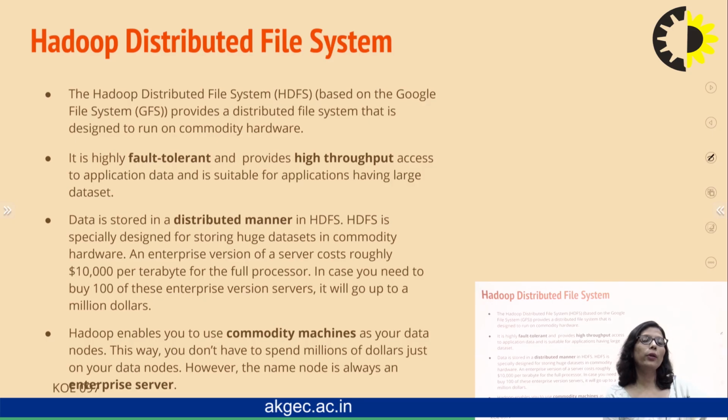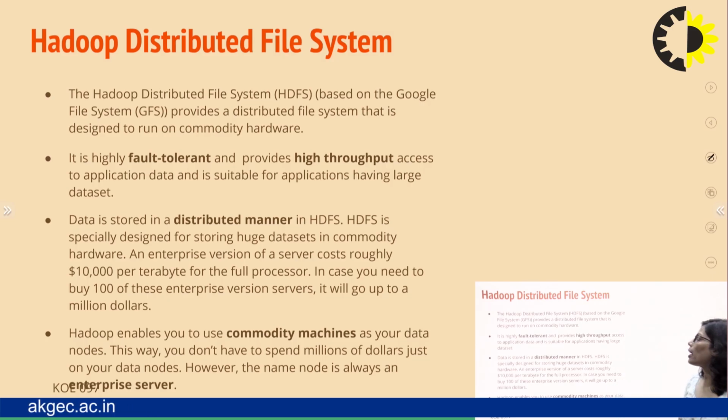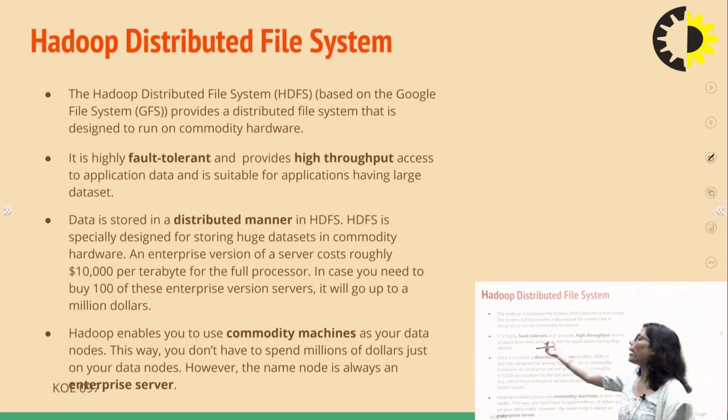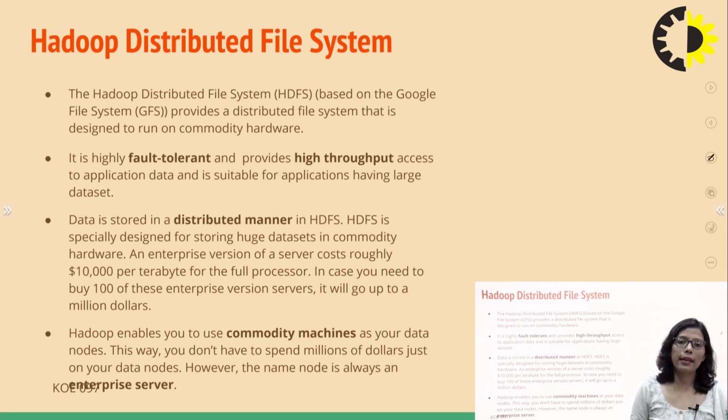So first we are going to discuss HDFS, or Hadoop Distributed File System, in which we are storing the data across multiple commodity hardware. As discussed, since we are storing the data across multiple hardware and also replicating the data, the system is highly fault tolerant. If any data node gets down, we have other data nodes which have the same data.